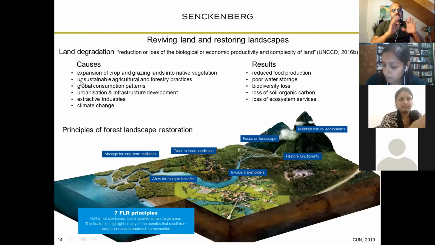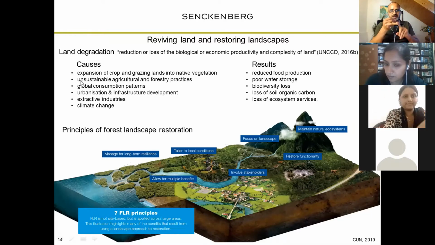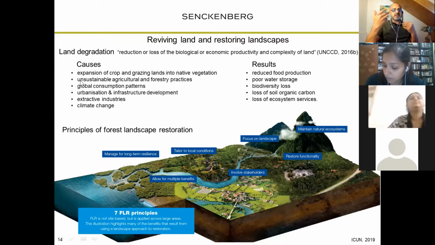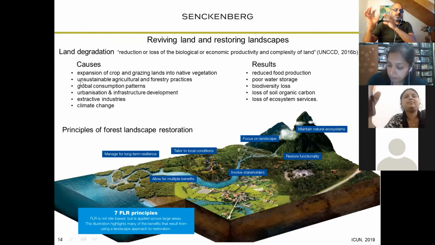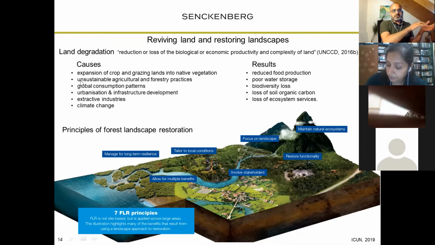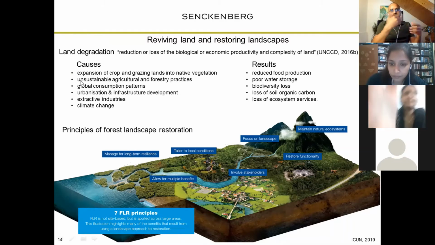And then there are many causes. Again, I would not go into detail. The causes, as I said, include intensive grazing, intensive agriculture or industrialized farming, and increasing global consumption. We are switching more from plant-based food to animal-based food, and for that we need to clear more forest and destroy all that wild habitat.